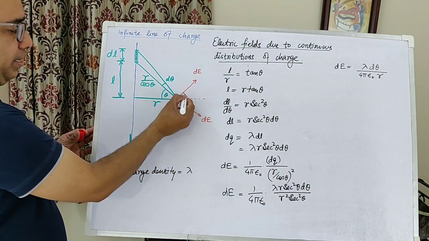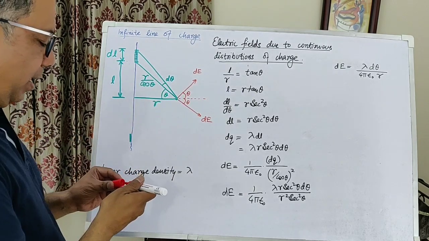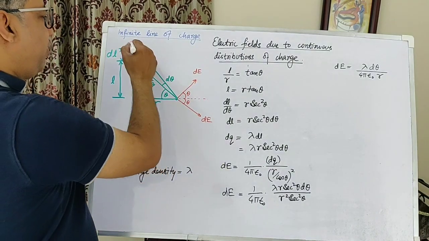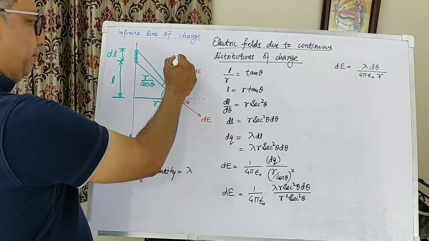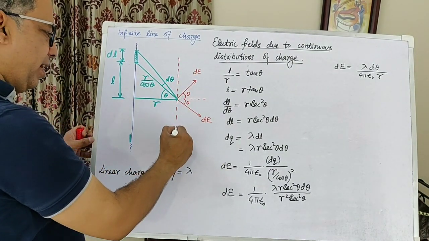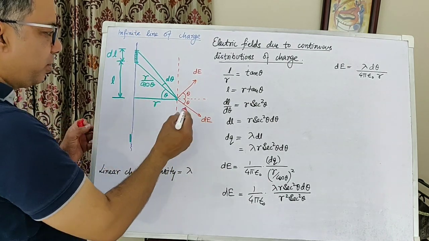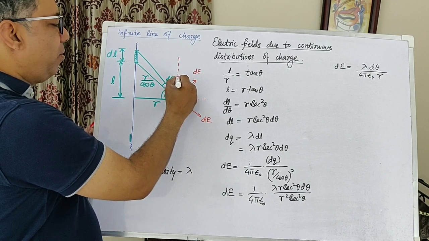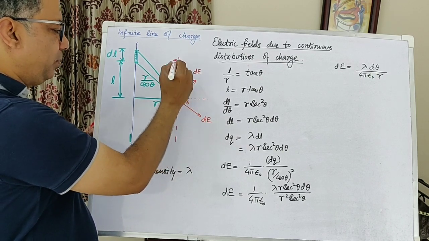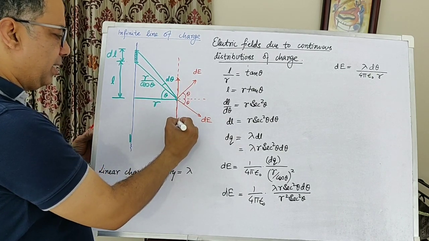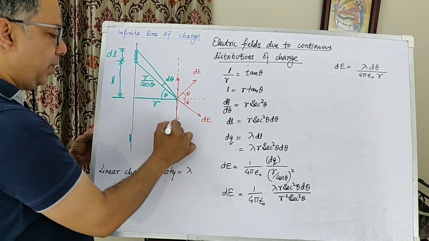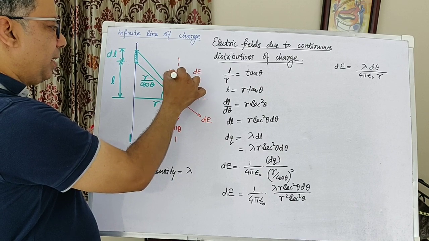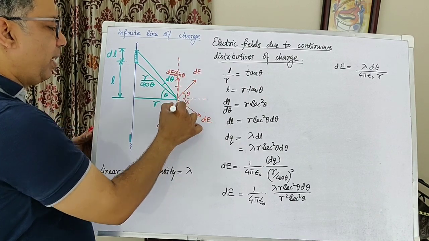The angle here would also be theta. Now you will notice that the electric field components which are parallel to the line, I've drawn a line here parallel to this line of charge, these ones, dE sine theta each, dE sine theta here as well, these two will cancel out.